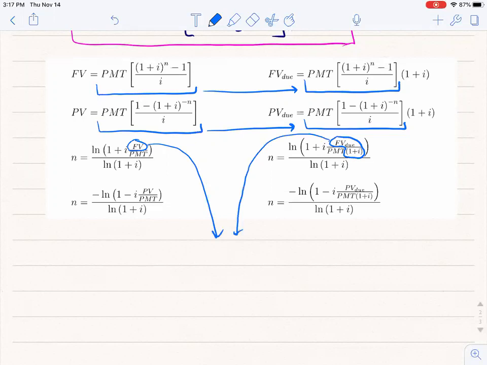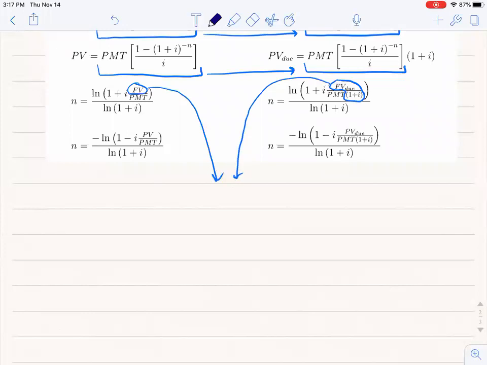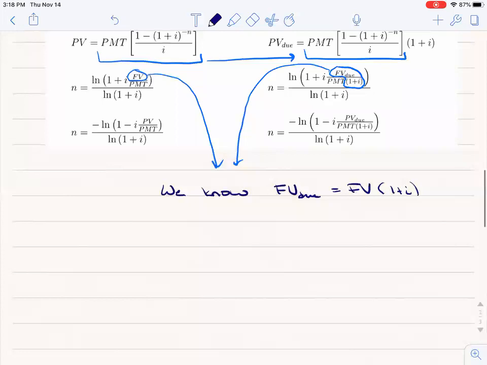It'll be the same if we know the present value, so I'll just explain it for the future value. We know that the future value due is an ordinary future value times 1 plus i. So in our first formula on the left-hand side, we've just got the future value, and we can solve for it.